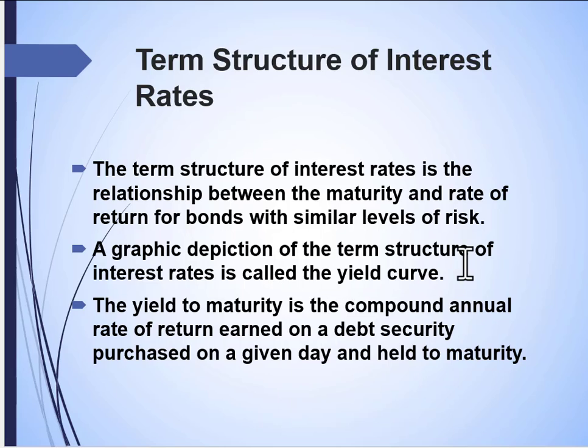So one of the things we can do is to try to address and look at what we understand as interest rates. What do we actually see in the marketplace? The term structure of interest rates is the relationship between maturity and returns in real time.